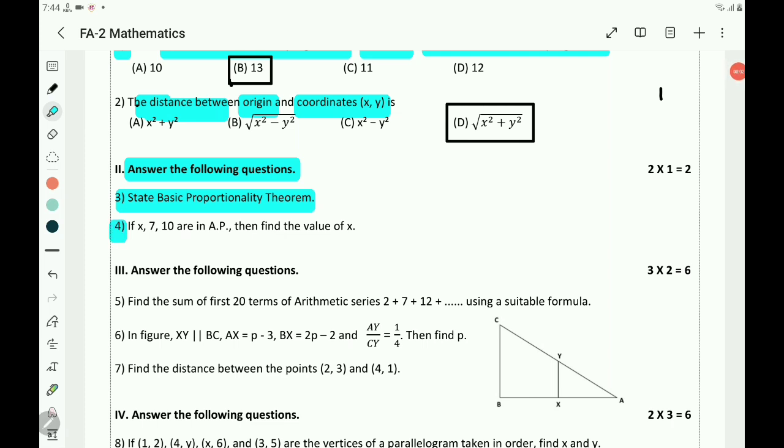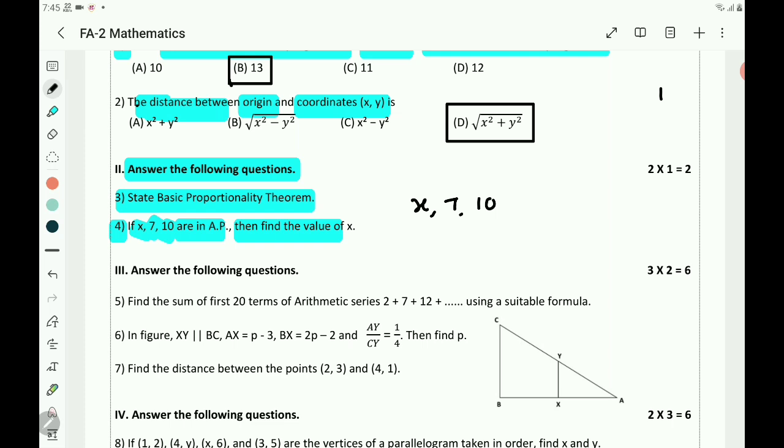Fourth question, if x, 7, 10 are in AP, then find the value of x. Here the given AP is x, 7, 10. Here you can do this by two methods.